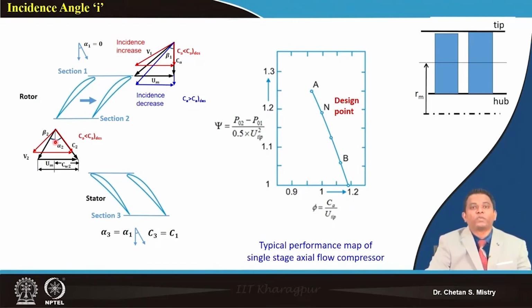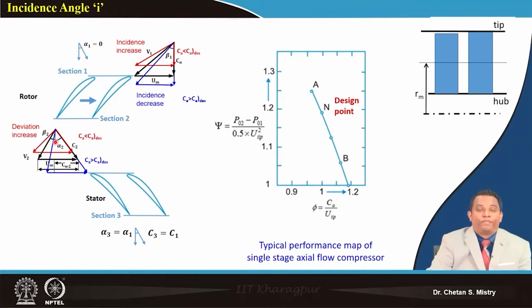Suppose this is the case for my lower axial velocity, and in line with that I put this for my higher axial velocity. So this represents the increase of deviation angle because of the decrease of axial velocity, and this represents the decrease of deviation angle.